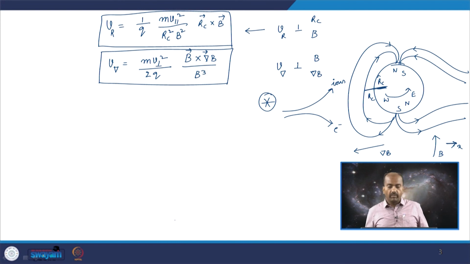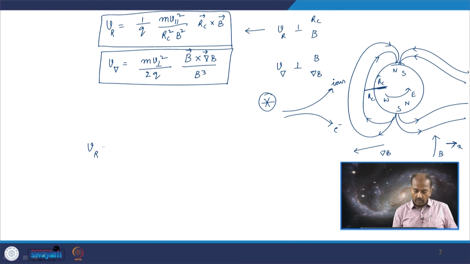We will talk more about this ring current and its effects in subsequent classes. However, it is reasonable that you combine the drift velocity due to the radius of curvature and the drift velocity due to the gradient, and you call this the total drift velocity, V total.